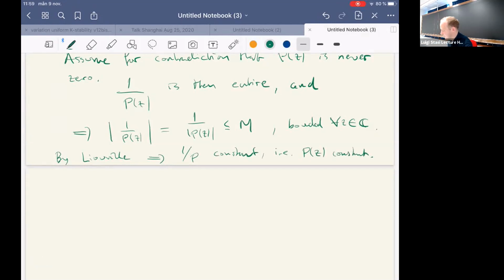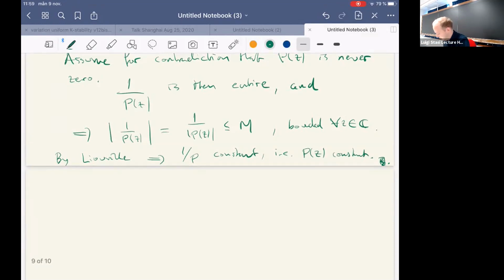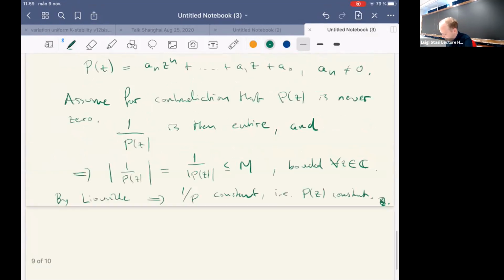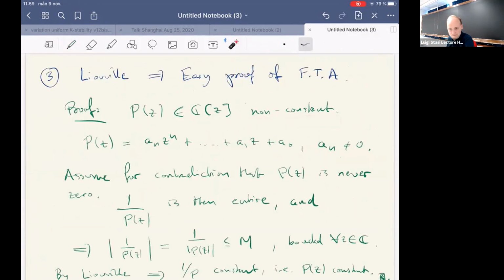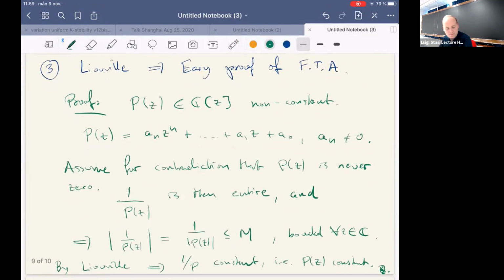And this is a contradiction, and we are done. Why is it a contradiction? Because I assumed that P was non-constant. Okay? So this is the proof of this result. Any questions about that?